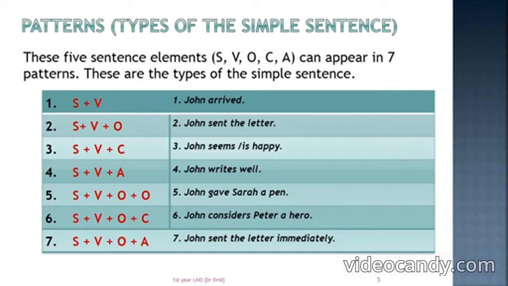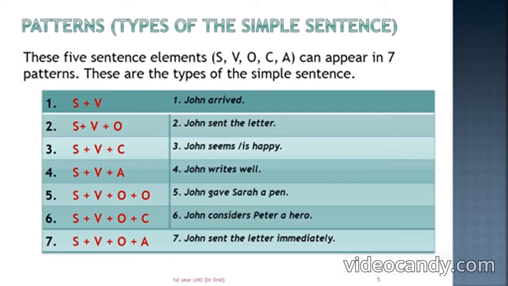Here we can say that there are 7 types of simple sentences, depending on the elements which exist in them. The first type, a subject plus a verb, and no other element exists in the sentence. In that case, the verb is intransitive. It does not need any other element to complete it.